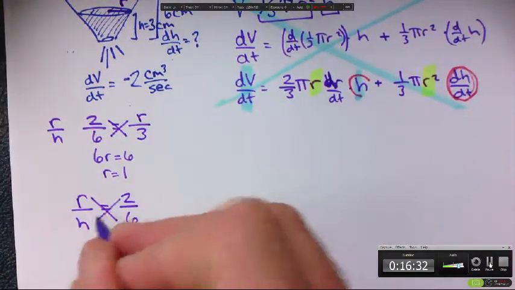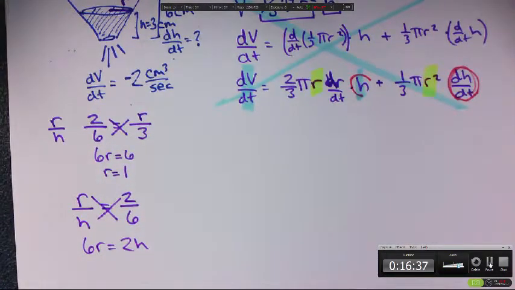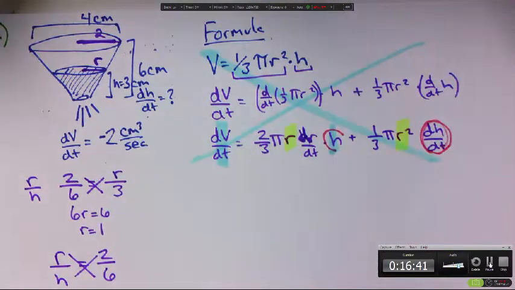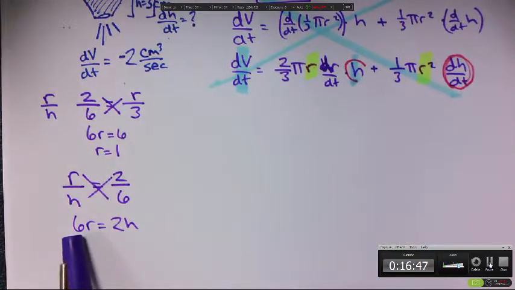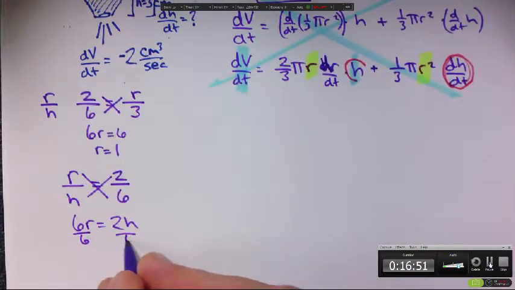We cross multiply, we get 6r is equal to 2h. Now, what variable do we need to eliminate from our formula? r. So we need to substitute something in for r. We need to get r by itself. How do we get r by itself here? Divide by 6. So we get r is equal to h over 3.